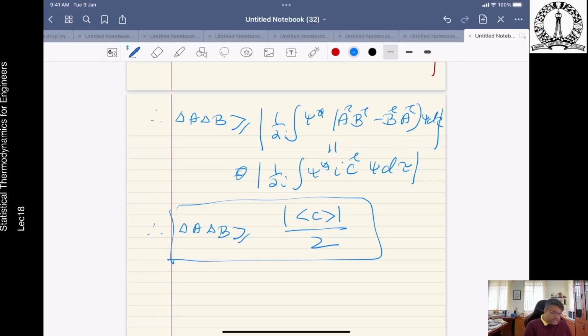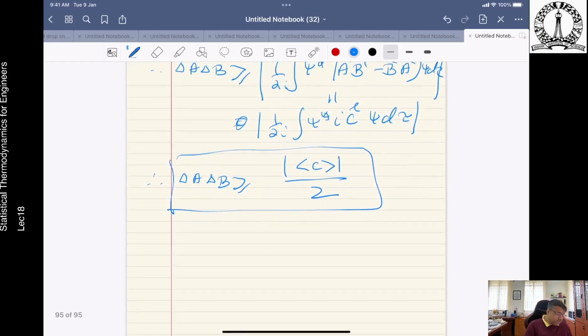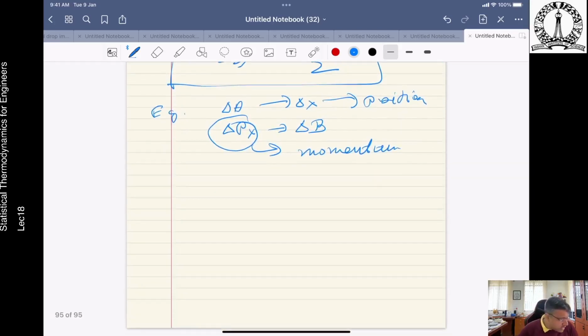So that is the inequality between two dynamic variables whose quantum mechanical operators do not commute. Now let's take an example where delta A is delta X and delta Px is delta B. So this is the momentum, and this is the position: the uncertainty in position, and the uncertainty in momentum given in this particular fashion.